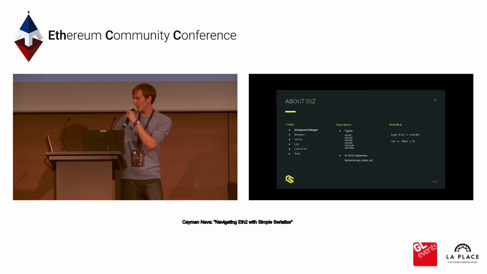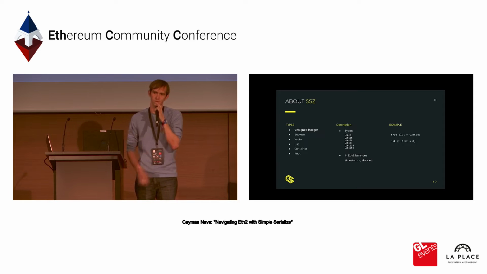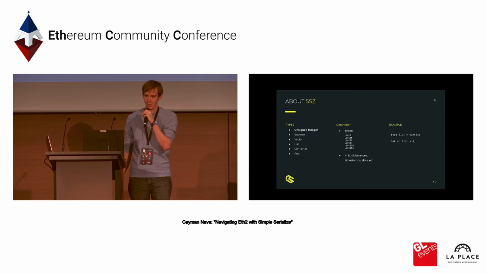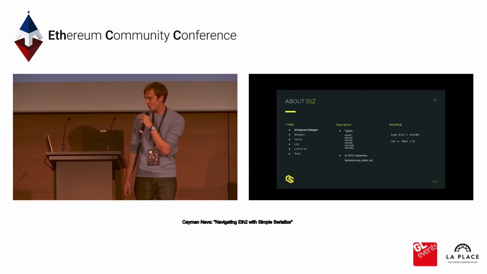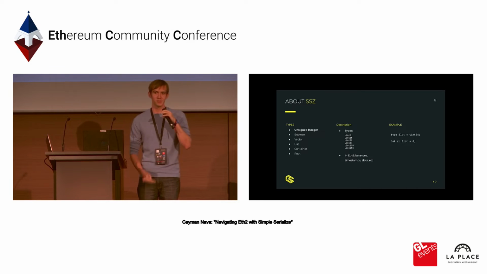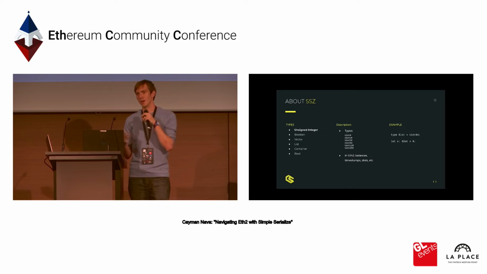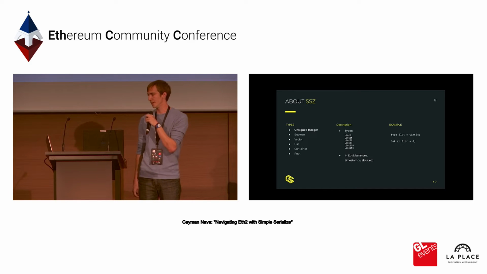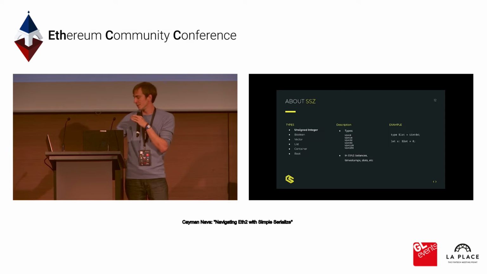So real quickly, unsigned integer, we have ints from uint8 all the way to uint256. These are just unsigned integers as you know them. In Eth2, we have validator balances, timestamps, block numbers or slots, and those are all represented as unsigned integers.